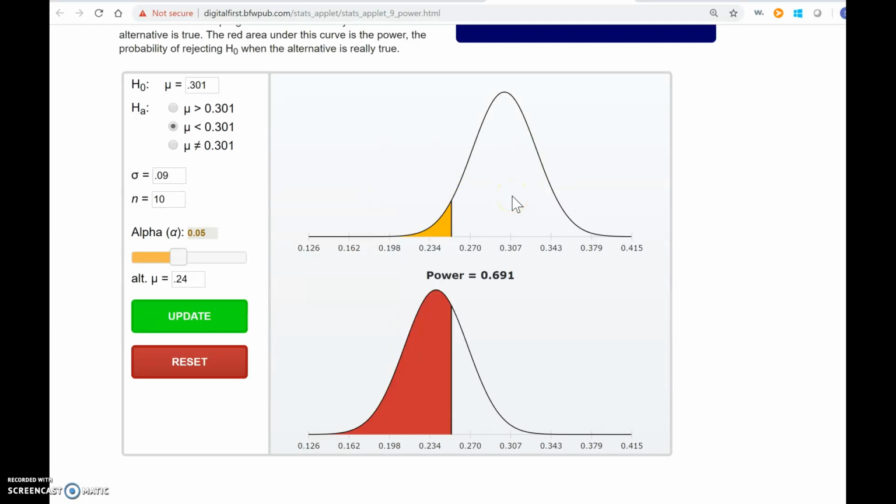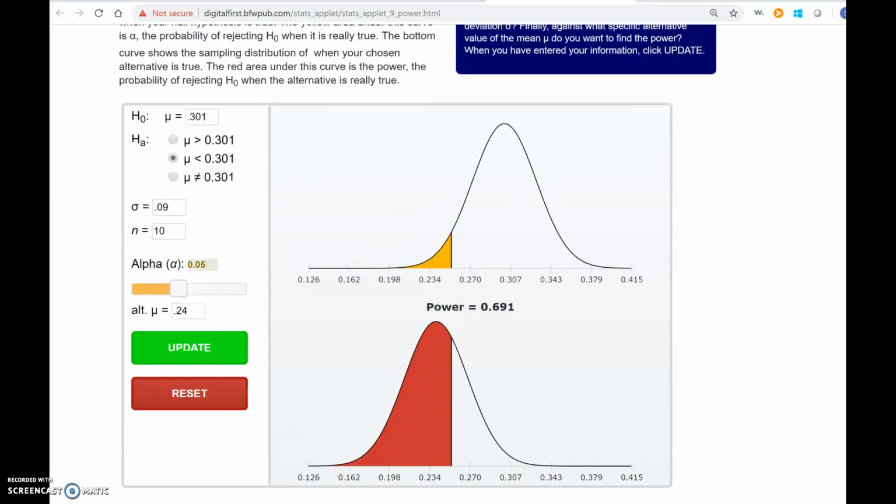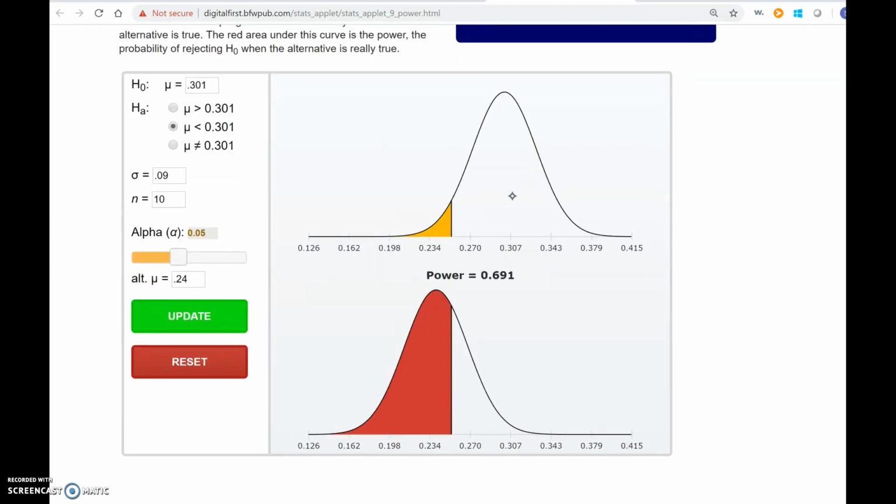We can still talk about power. Basically, let's just pretend we're talking about proportions and forget that these say means over here. So this is the sampling distribution you're basing your decision off of. This is the hypothesized distribution. If you look at the center of this, it's centered at 0.103.